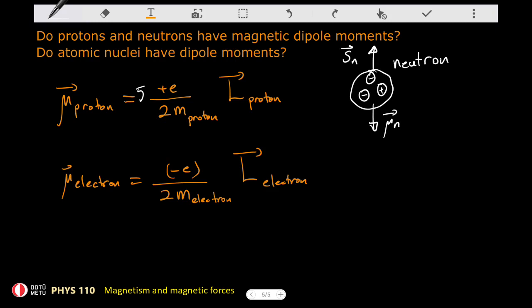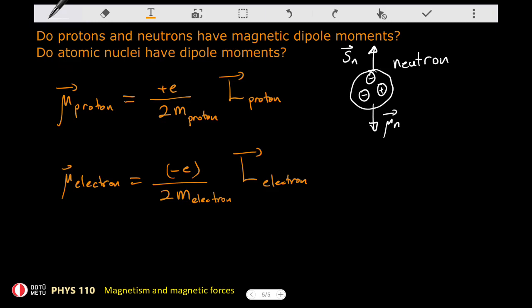Electrons have a contribution, but the protons and the neutrons also have a contribution. In general, the atomic nuclei have these dipole moments, so there is also a nuclear contribution.